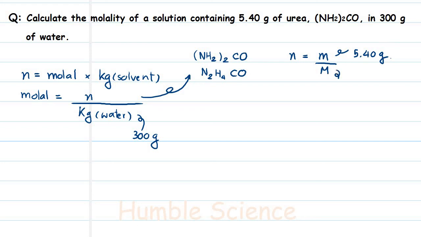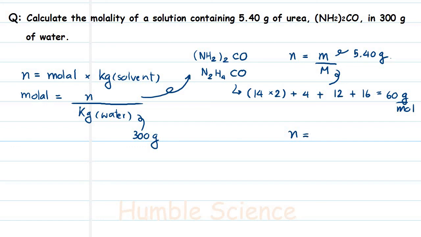And for molar mass, N2 is going to be 14 times 2, plus H4, which is 4, plus C1, which is 12, plus O1, which is 16. So that is 28 plus 4 plus 12 plus 16. It is going to be 60 grams per mole.